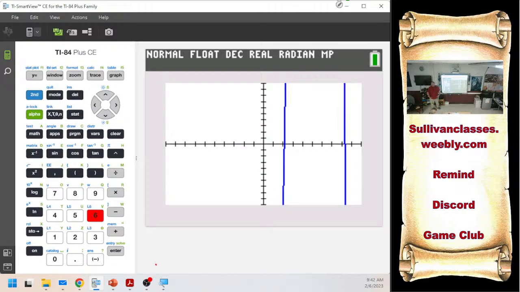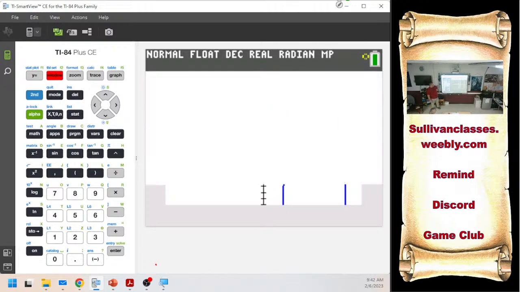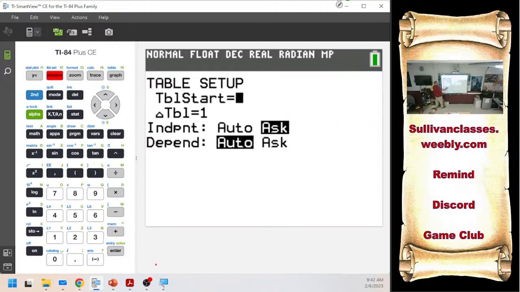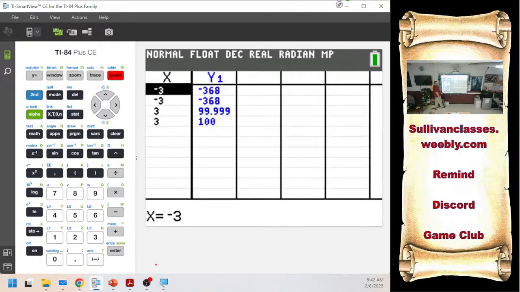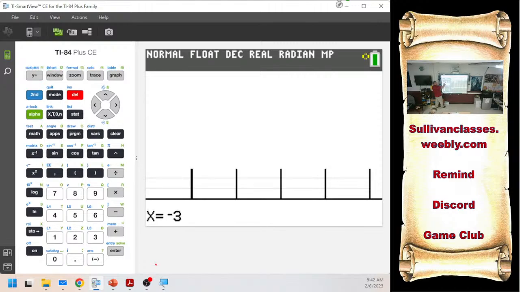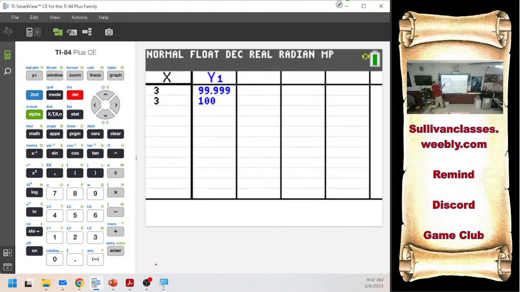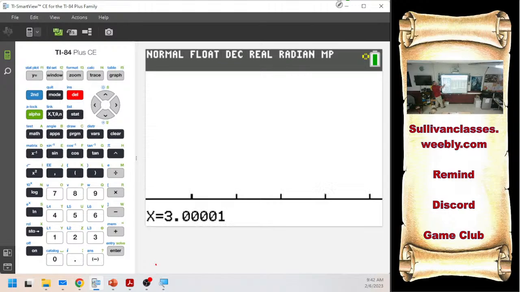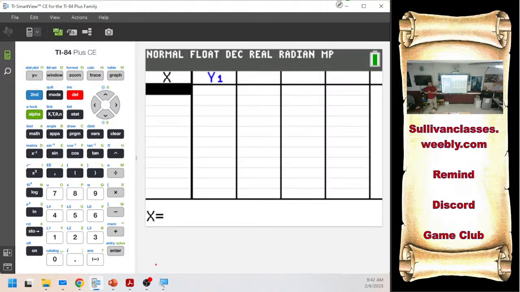Maybe I don't want to monkey around with the window, so instead I'm going to go to my table. I'm going to make sure I'm on ask mode, so I don't have to scroll on to infinity and beyond. And instead of repeatedly monkeying around with the table and getting larger and larger numbers, the way they want us to do it is have 0 in the middle, go to plus or minus 10, plus or minus 100, plus or minus 1,000, plus or minus 10,000. They want to keep going out like that.